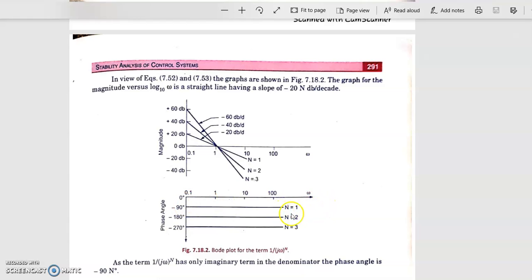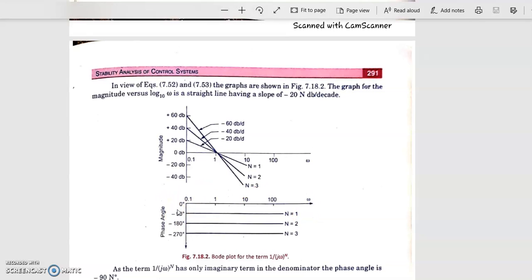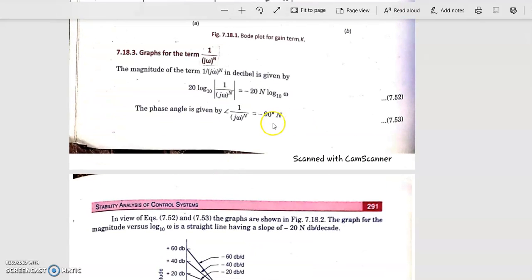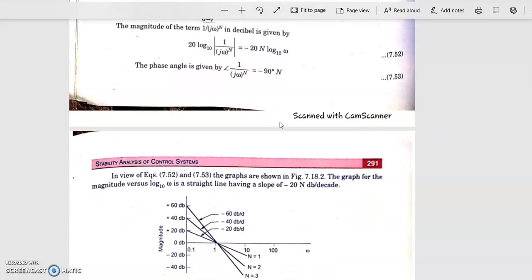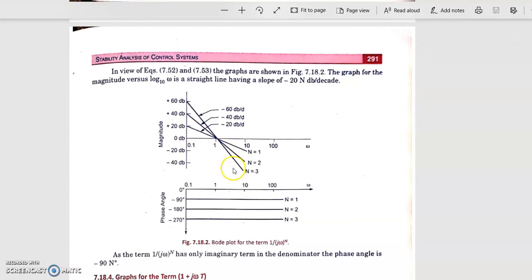Now if capital N is equal to 1, it is minus 90 degrees. How do we find minus 90? In this equation, with capital N equal to 1, we get minus 90 degrees. If capital N is 2, it is minus 180 degrees, and so on: minus 180, minus 270, and so on.